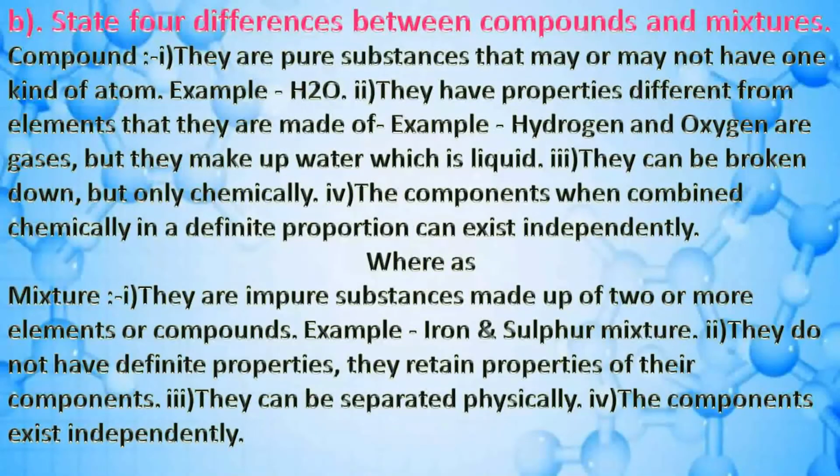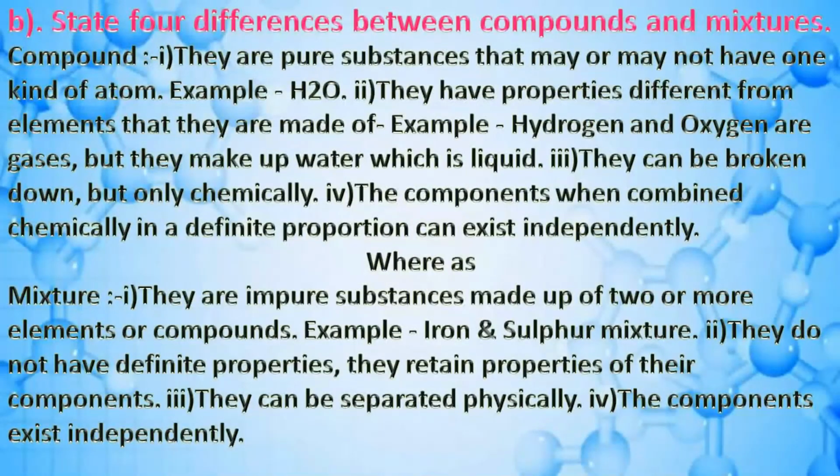Example, hydrogen and oxygen are gases, but they make up water, which is liquid. They can be broken down, but only chemically. The components, when combined chemically in a different proportion, cannot exist independently.